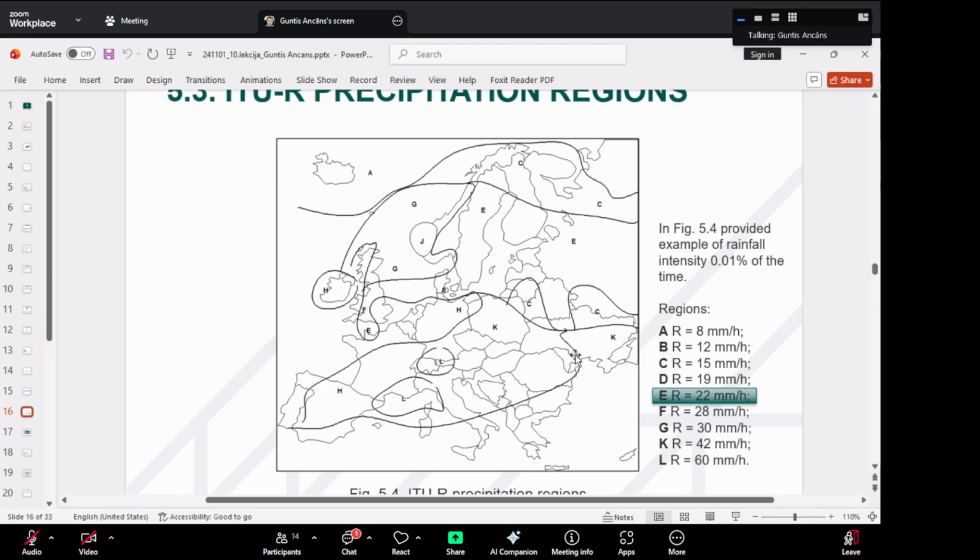Even in a relatively small region such as Europe, there is quite an impressive difference, from 60 millimeters per hour down to 8 millimeters per hour.